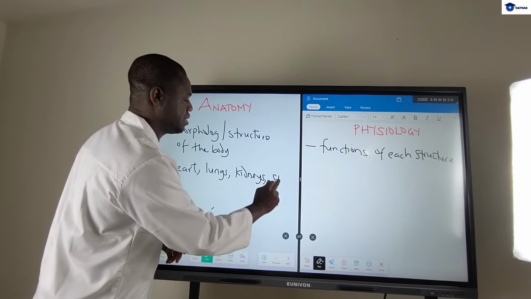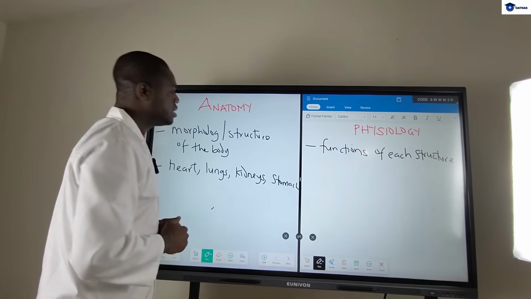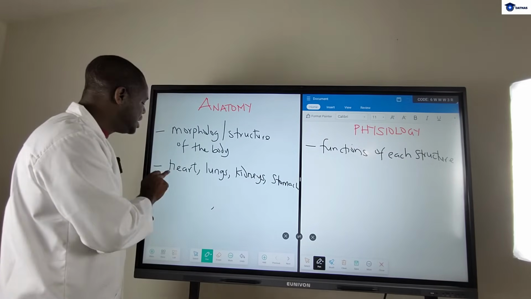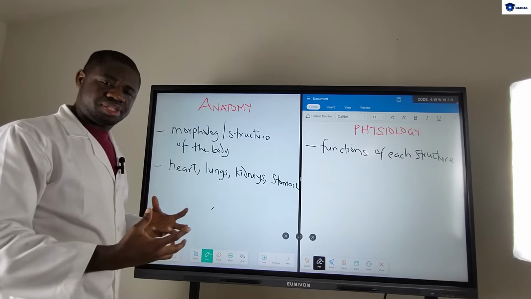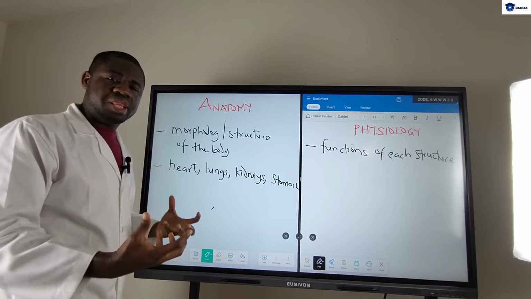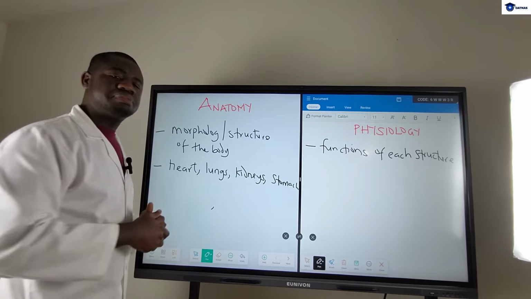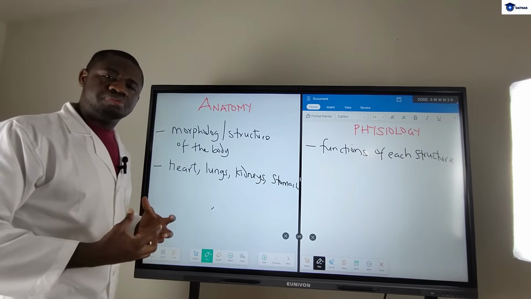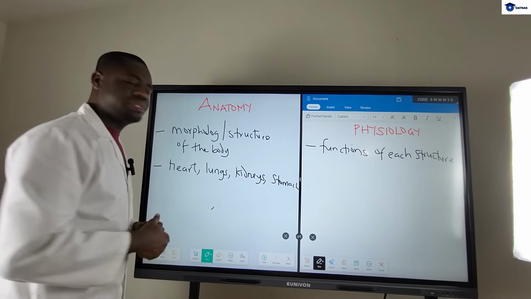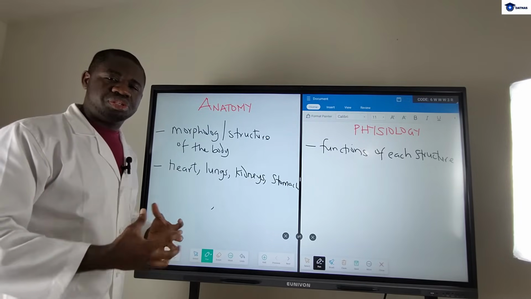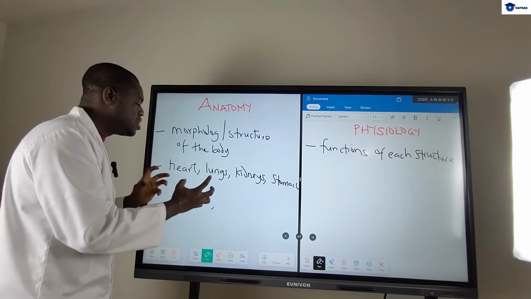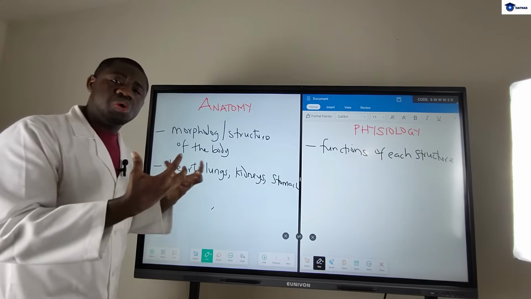The stomach, etc. But physiology focuses on how this heart works, how the lungs help us to breathe, how the kidneys help to excrete waste products, and how the stomach helps in digestion of food. So, the anatomists, we focus on how these structures look.